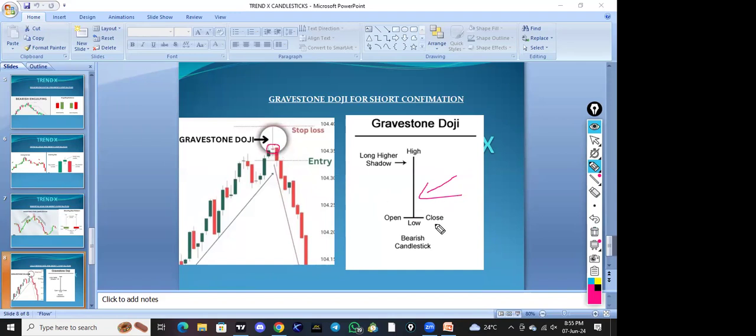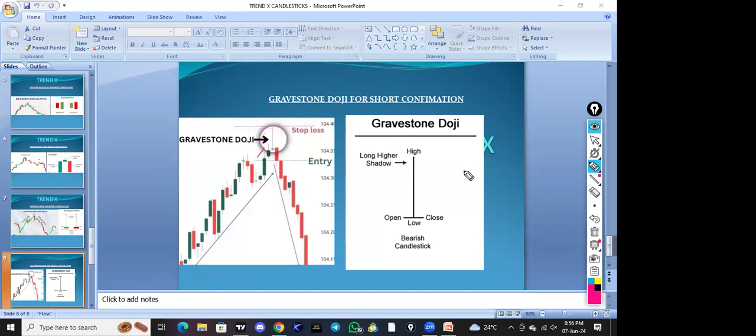So both are valid. So you can just take the entry. In the picture they mentioned, wait for the next candle, the red candle. That will be the safe entry. So when you see this pattern, go and take your entry, keep your stop loss above this. Again, it should be near resistance.